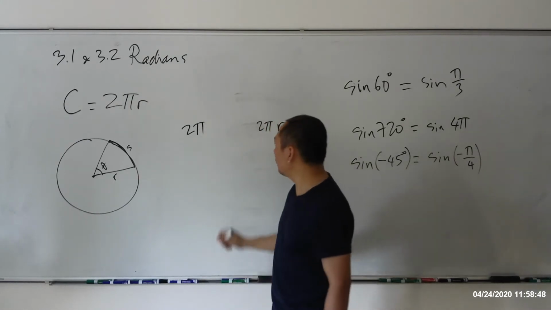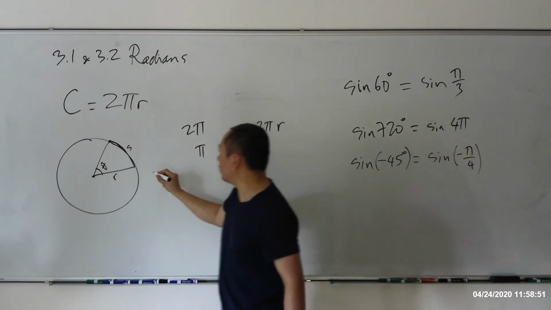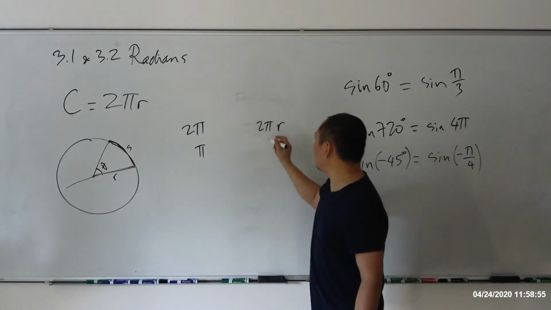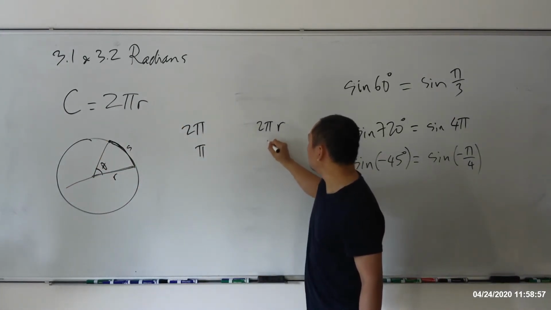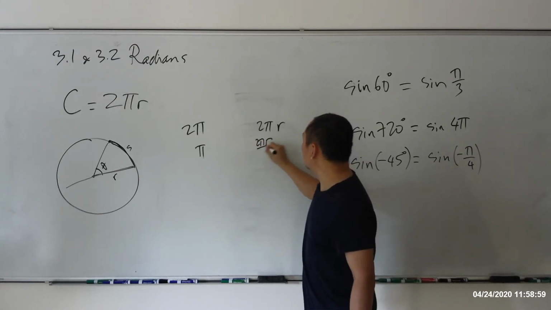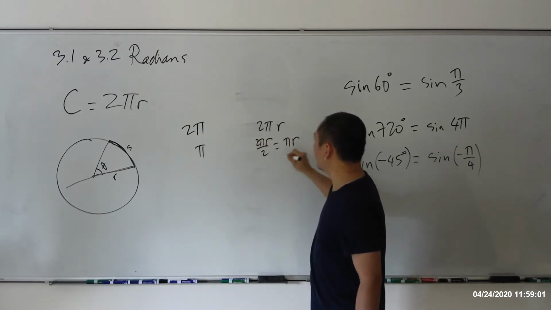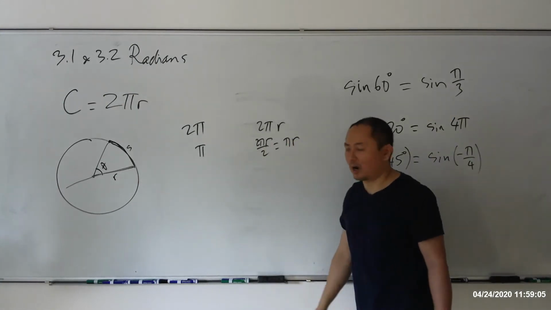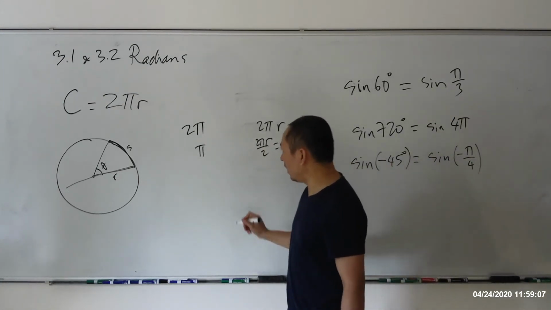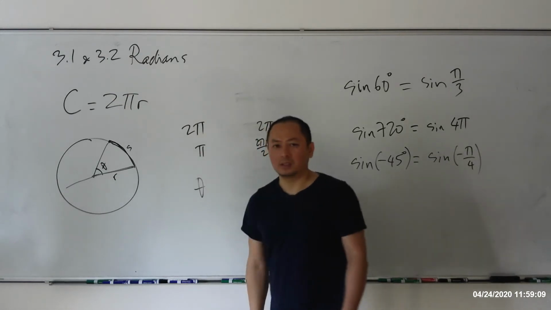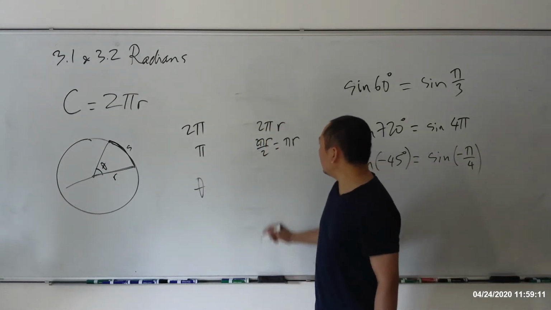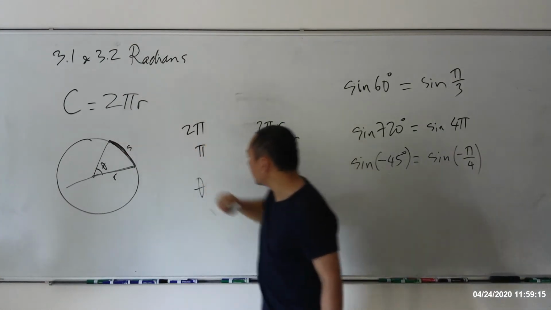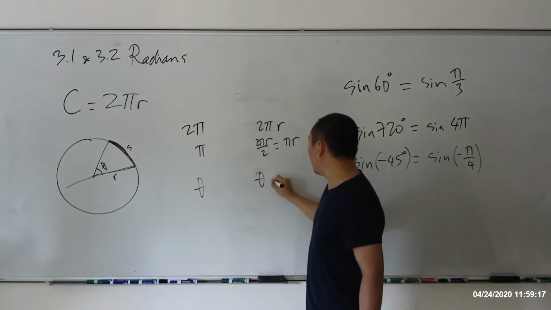For the angle of 1 pi, because 1 pi means a half circle, the arc length is going to be half of it, which is 2 pi r over 2, which is just pi r. So you see, whenever you have an angle, you multiply by r, you have the arc length. In general, if I have an angle theta, then the arc length of that curve is going to be theta times r.